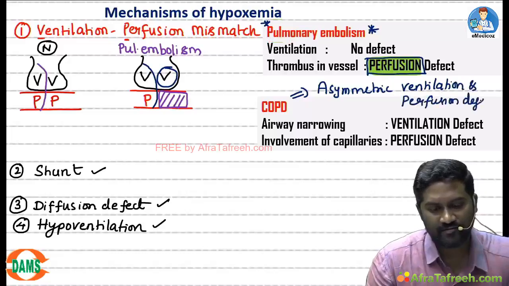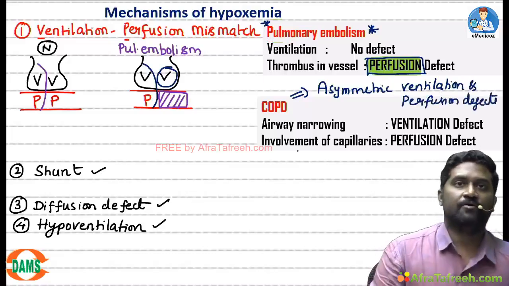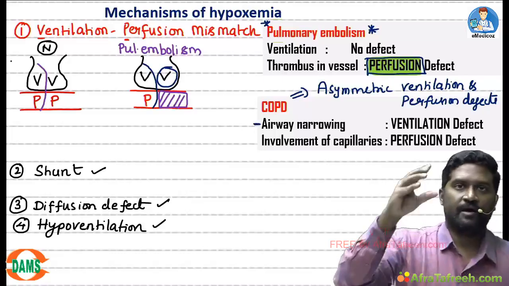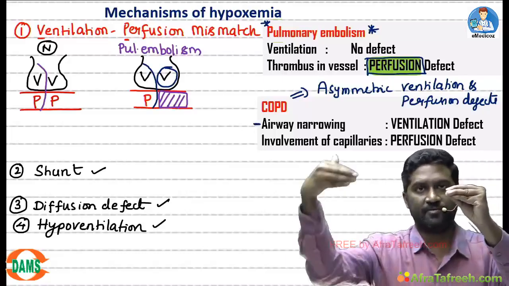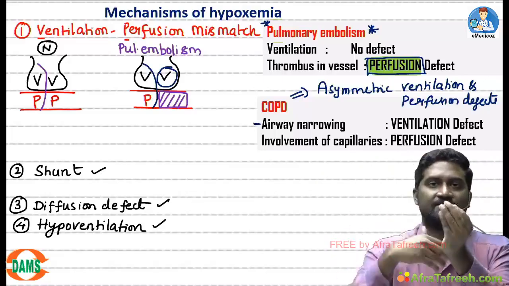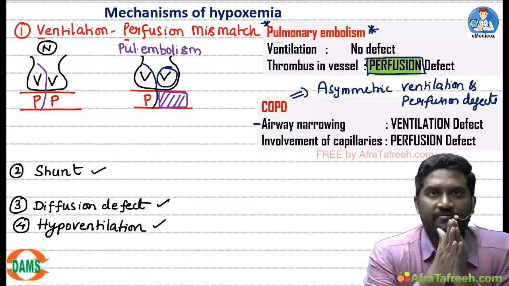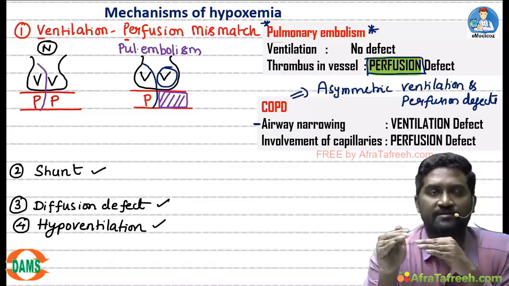What is happening in this condition? Because of airway narrowing, airways are extremely narrowed, so ventilation cannot reach the alveoli properly. Because of airway narrowing, there will be a ventilation defect.